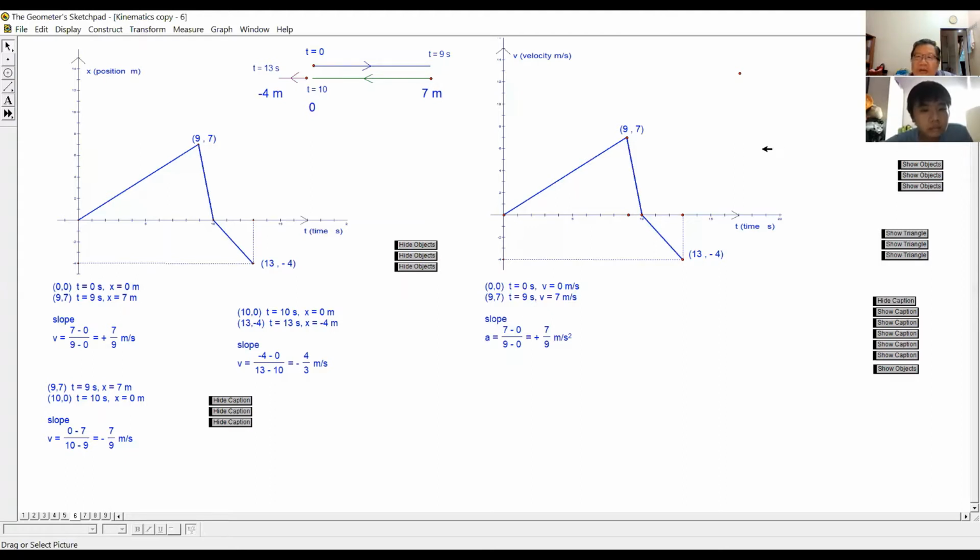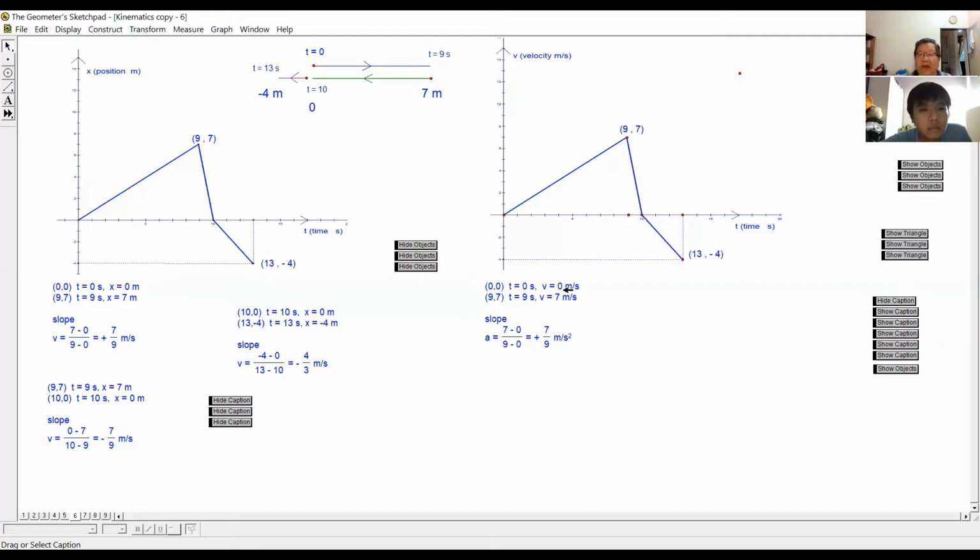The meaning of 0, 0 and 9, 7 here is different from the meaning in the position time graph. Here, 0, 0 means when the time is 0, that means you start your stopwatch. When the time is 0, the velocity is 0.